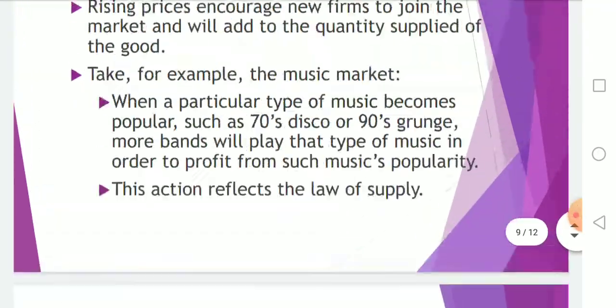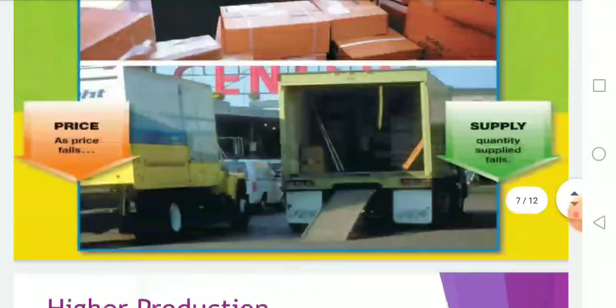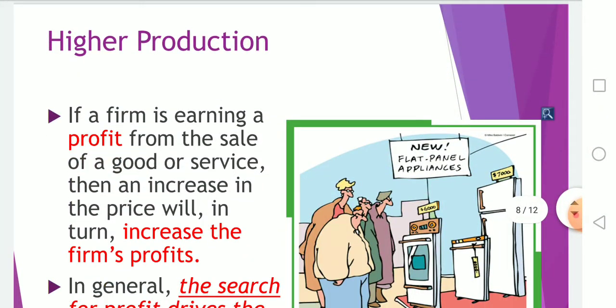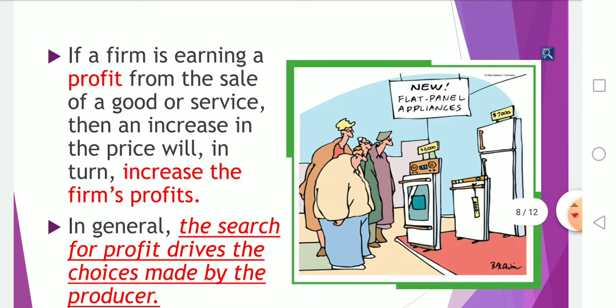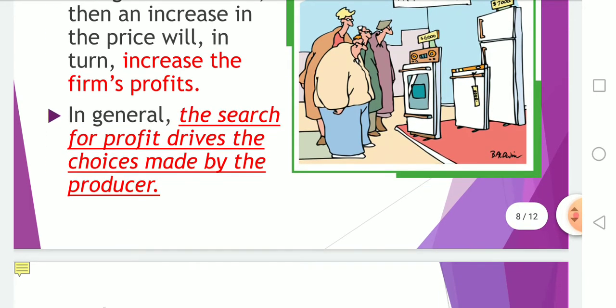Here I have higher production. So, if a firm is earning profit from the sale of a good or a service, what should they do as a firm, as a producer, as a supplier? They will increase the price, which in turn increases the firm's profit. So I can see that I'm having profits from this particular product.